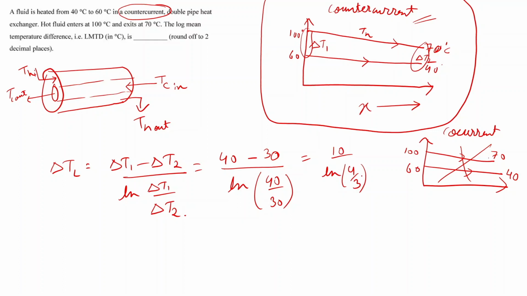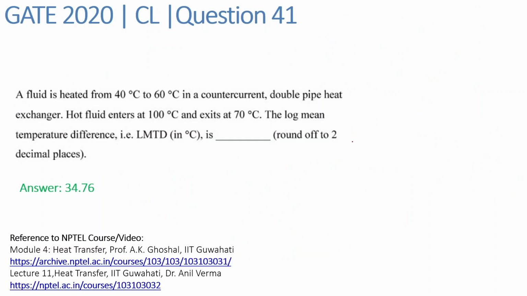So we can solve this and we will get delta TL as 34.776 degrees Celsius. So this is our log mean temperature difference based on counter current double pipe heat exchanger. So this was a numerical answer type and we have to write the answer till 2 decimal places. So we will report the answer as 34.76.